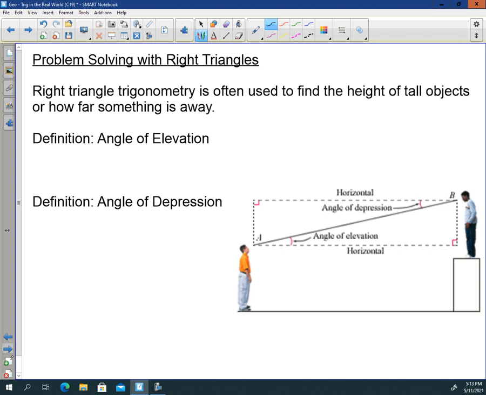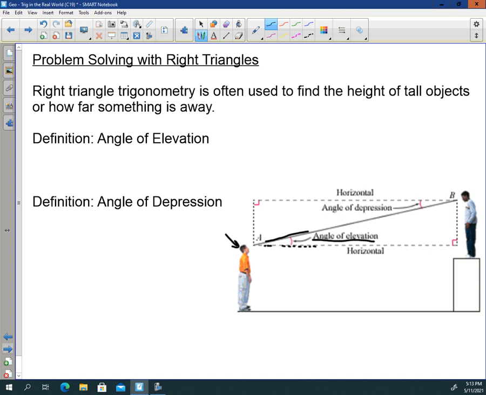So the angle of elevation is this angle here. Notice that it's like this guy's eye, this guy right here. His eye is looking up at that other guy on a box. And his eye, if he was looking straight ahead, would follow along this horizontal. And looking up at this guy, he's looking at an angle that is above that horizontal. That's what the angle of elevation is.